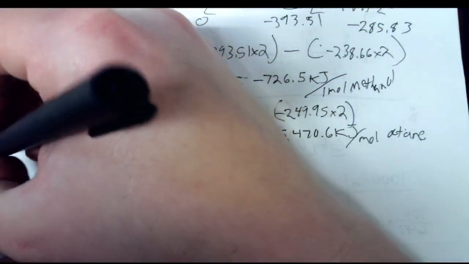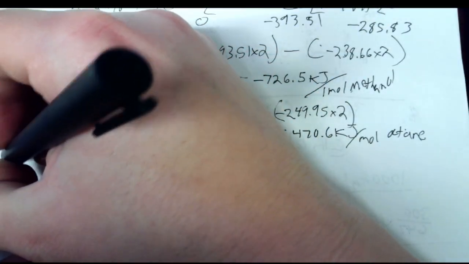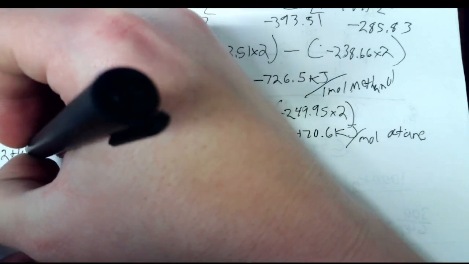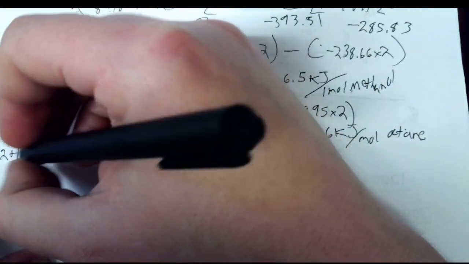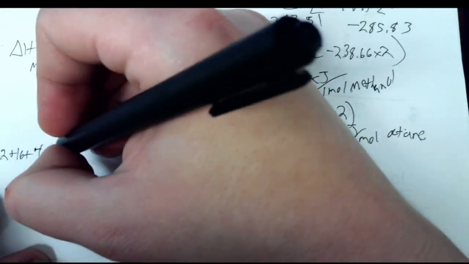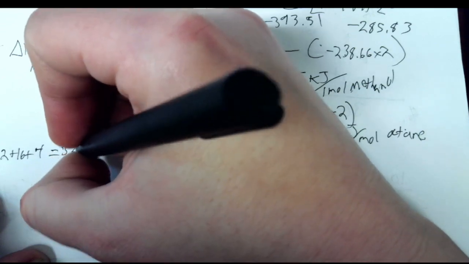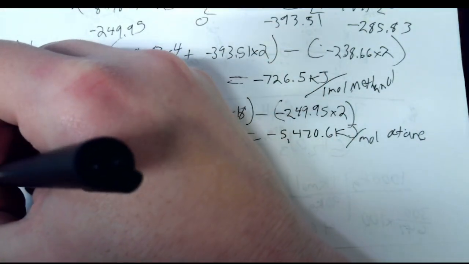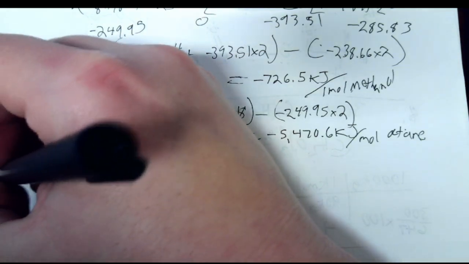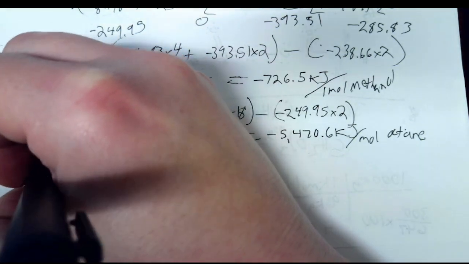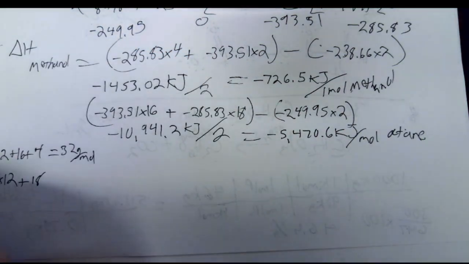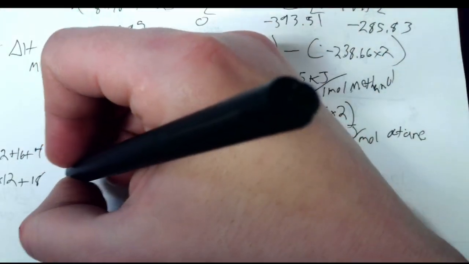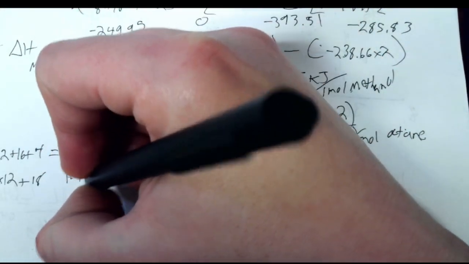So, methanol, 12 plus 16 plus 4 weighs something like 32 grams per mole. Octane, with its 8 times 12 and 18 times 1, is something like 114.